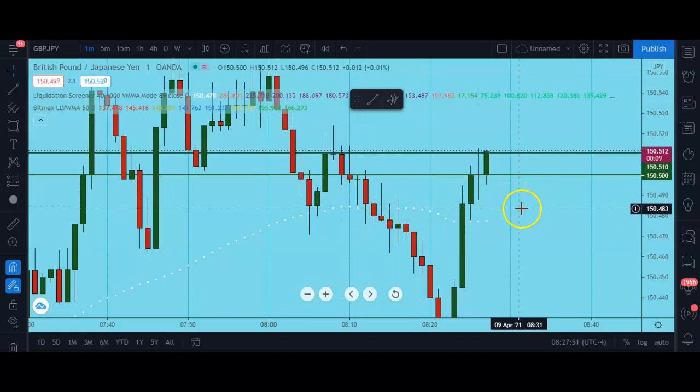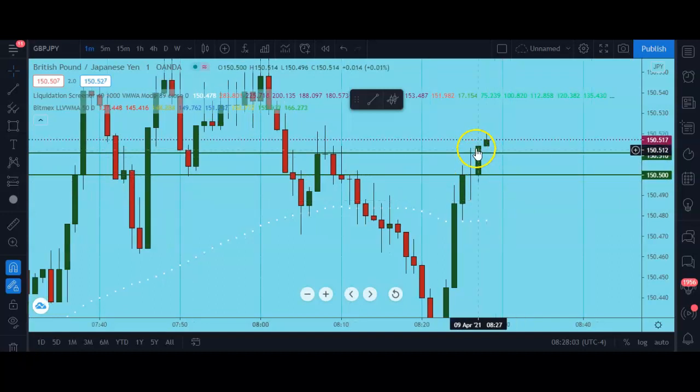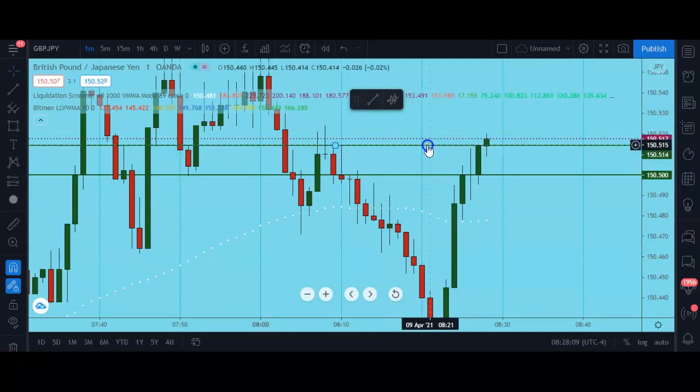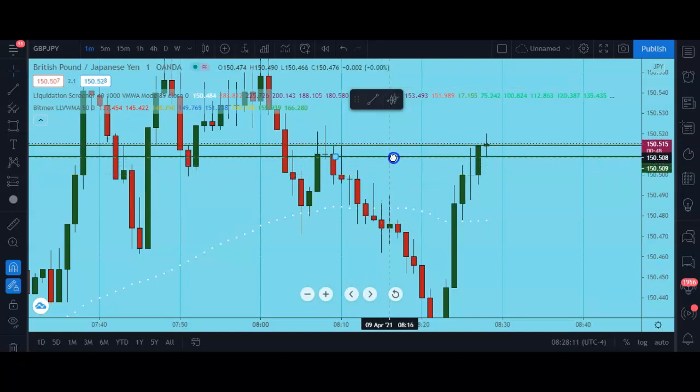So this could be a strangle trade, but definitely it's going to close above this line right here. This is the one. Okay, and it closed above this support and resistance. This close was right here. The support and resistance is right here.